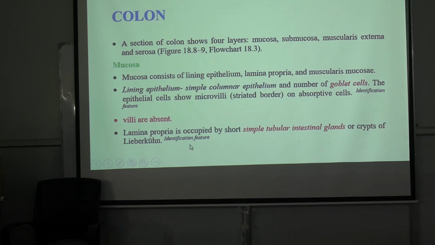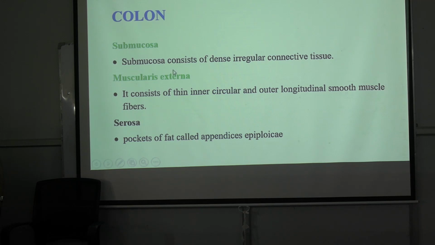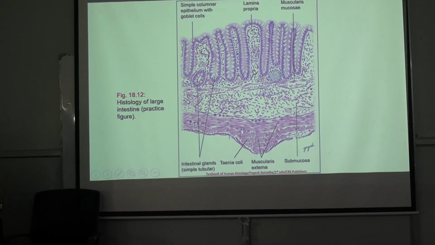So this is about the mucosa, and within it we may have accumulations of lymph nodes. The submucosa may have connective tissue, and if the mucosa has lymph nodes, they may encroach here. The muscle layer is inner circular, outer longitudinal, then serosa. So this is how the microanatomy of the large intestine should look.